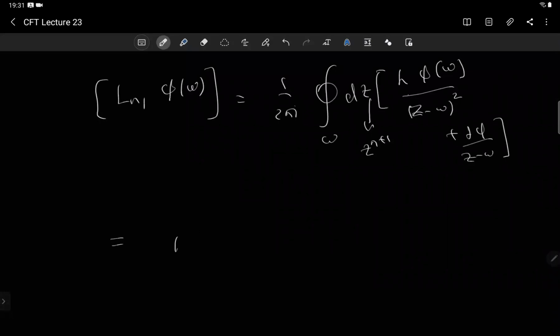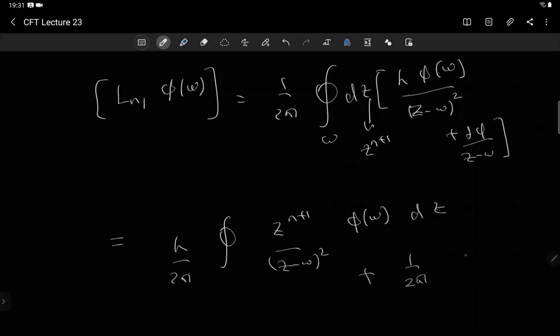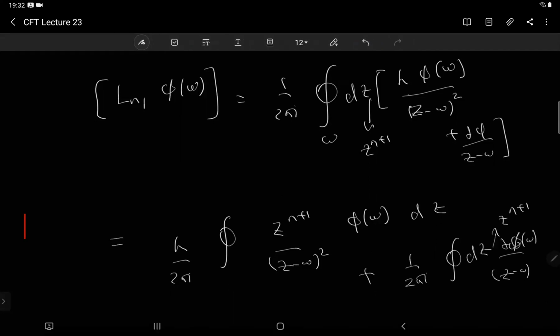So you have h times the contour integral of dz over 2 pi i, z to the n plus 1 over (z minus omega) squared, times phi(omega), plus 1 by 2 pi i contour integral dz, del phi(omega) over (z minus omega) times z to the n plus 1, right?